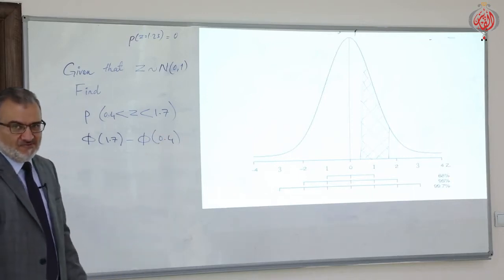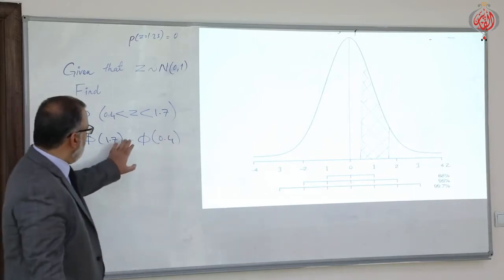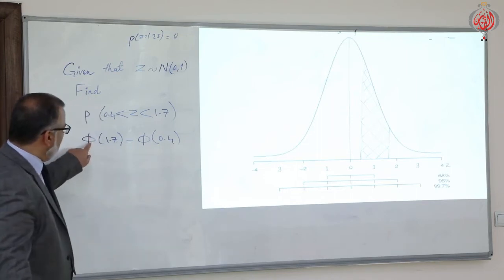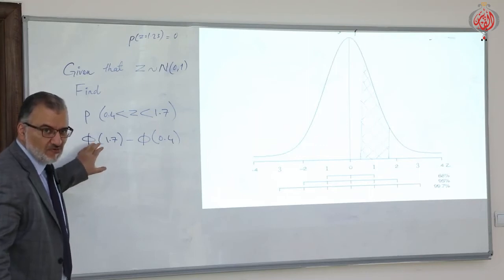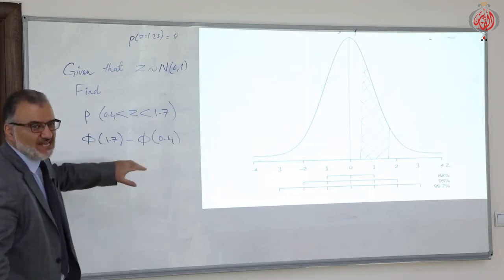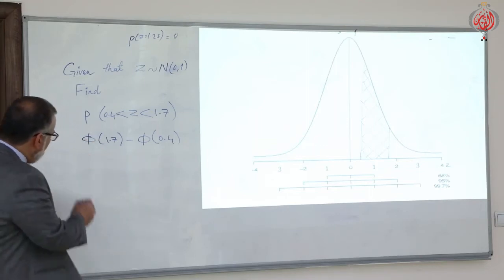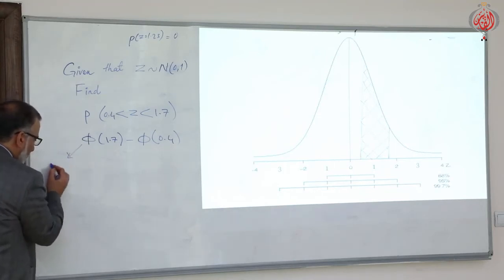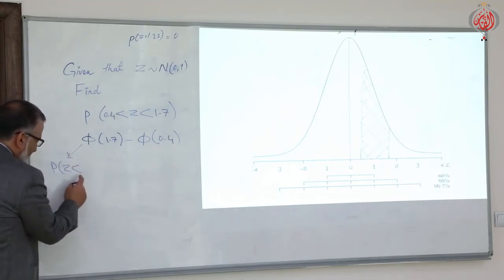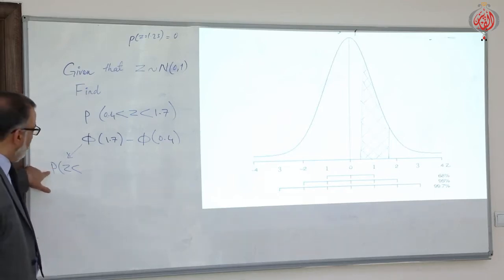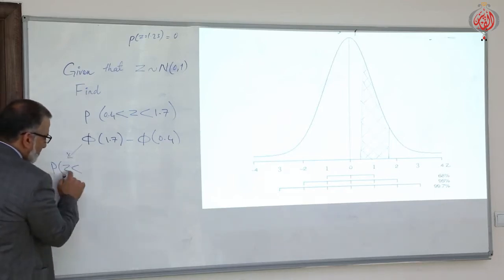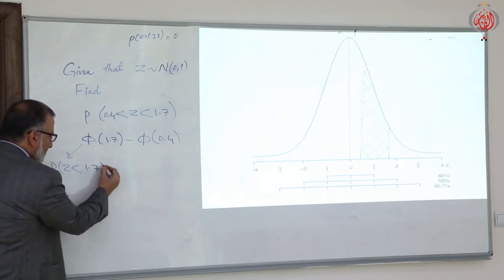Listen to me now. What did we say? What's the meaning of phi 1.7? It means the probability of z less than. We said phi always means the probability of z less than 1, 2, 3. So it means the probability of z less than 1.7.